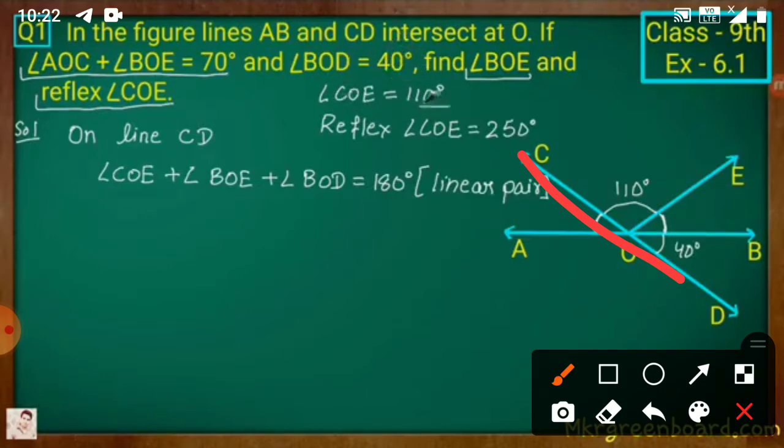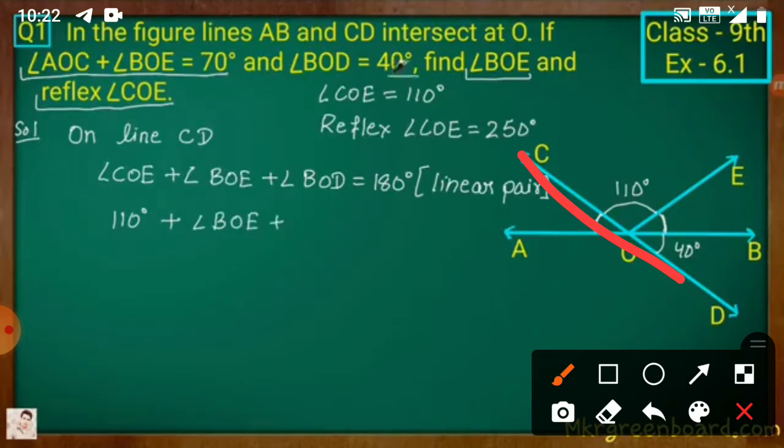COE, how much did we get? 110 degrees. 110 degrees plus BOE. BOE we don't know, that only we need to find out.